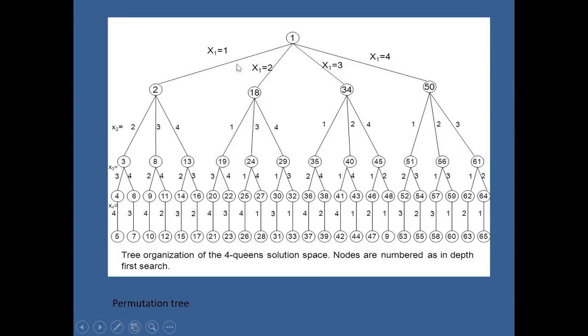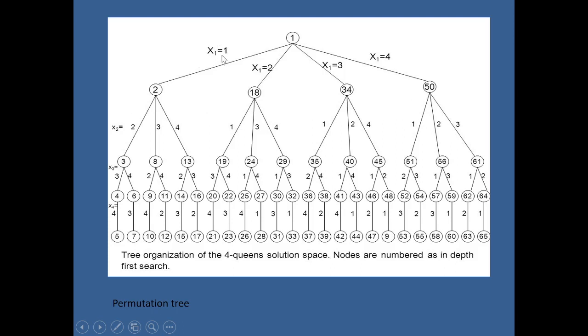We'll see them. See, when the first queen is placed in column 1, we have space for the second queen in second, third and fourth columns. Okay, so in column 1 queen 1, column 2 queen 2, column 3 queen 3, column 4 queen 4. In that way 1 2 3 4 is one alternative and the next alternative is 1 2 4 3. So how this tree is drawn we'll see.